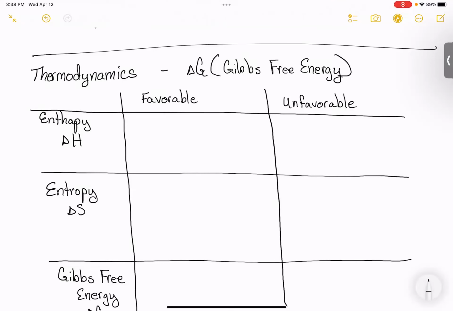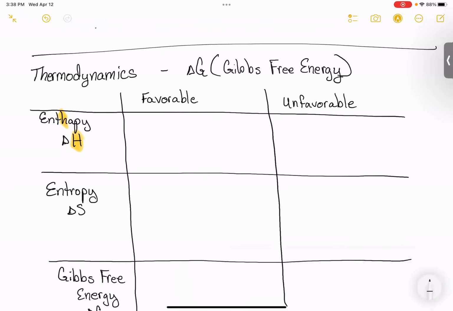Oh, by the way, I've always had students confuse enthalpy and entropy. So one of the things I noticed is that enthalpy actually contains the letter H. And so that's just to help you with the terminology there.